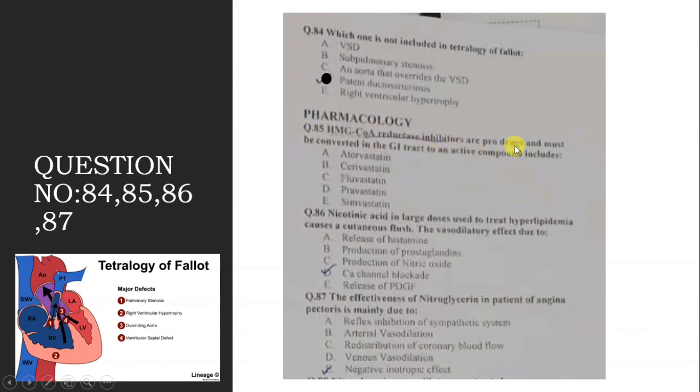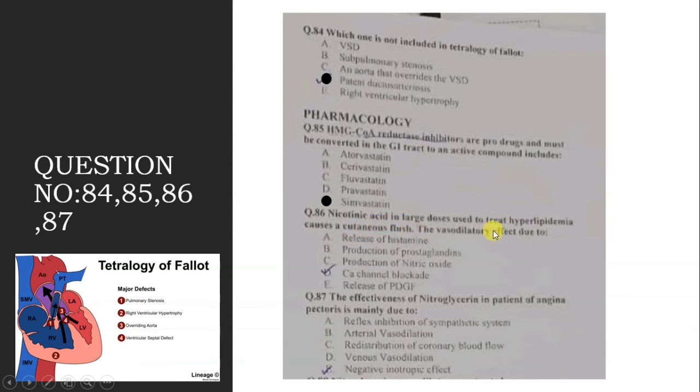It's asking about the prodrug between these options, so we need to choose the prodrug. When we look at the statins, simvastatin is basically the prodrug. Prodrug refers to the inactive drug.